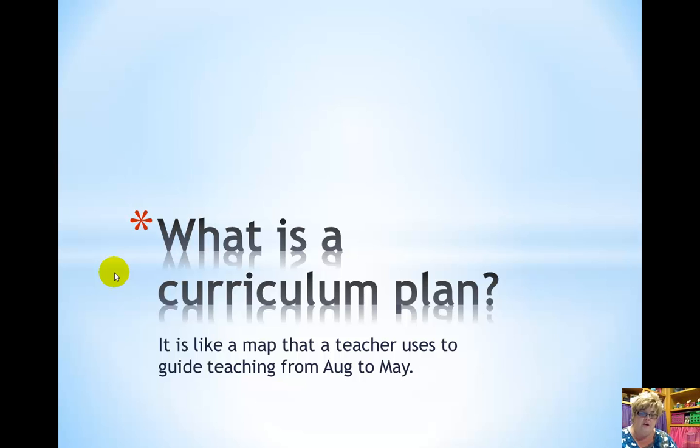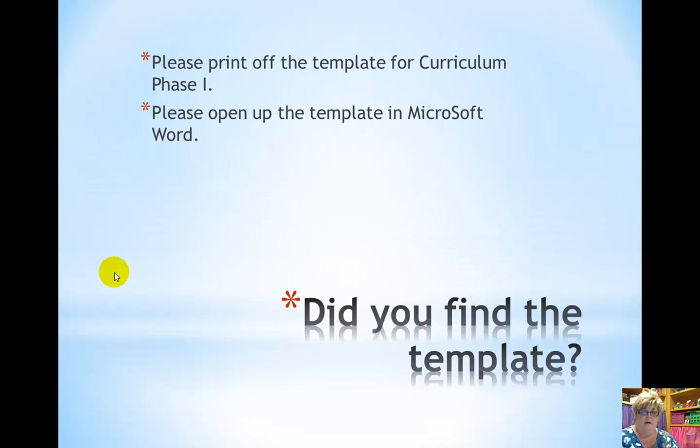So the first thing you need to do is decide what age are you going to choose to do this particular curriculum plan for phase 1. Okay, so first thing you need to do is print off the template for the comprehensive curriculum development phase 1 that is located in your course forms.